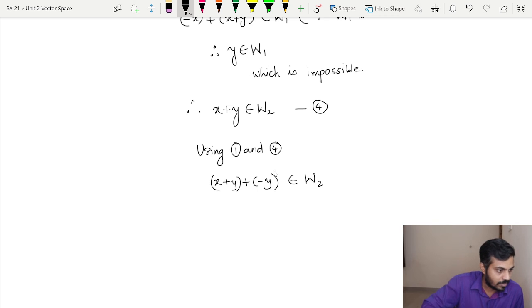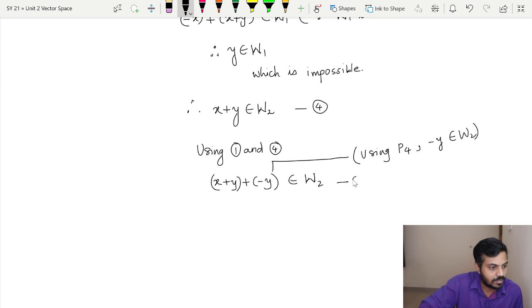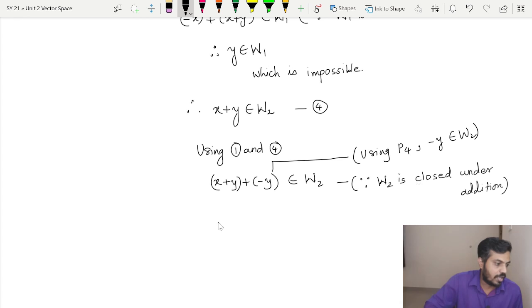The reason, using P4, is that minus y belongs to W2, and since W2 is closed under addition, y plus minus y is again going to be the 0 vector. So you will get x plus 0, that is nothing but x. Therefore x belongs to W2.